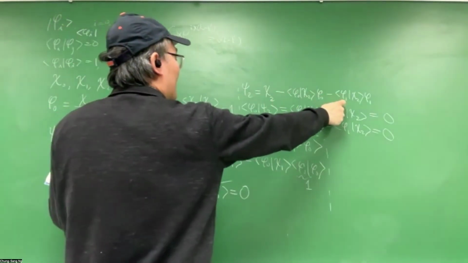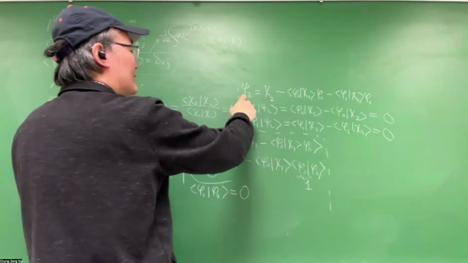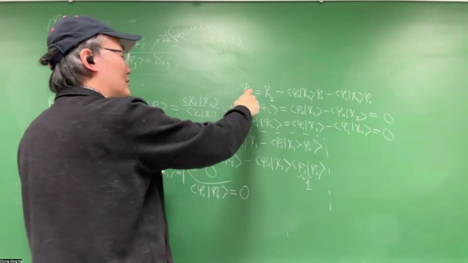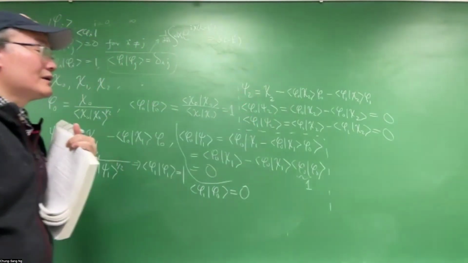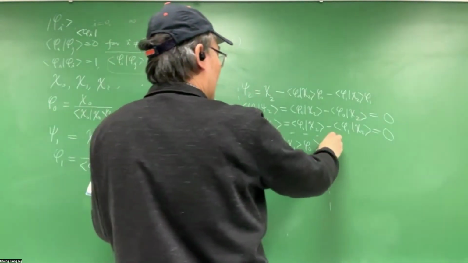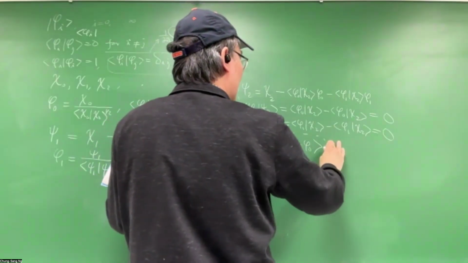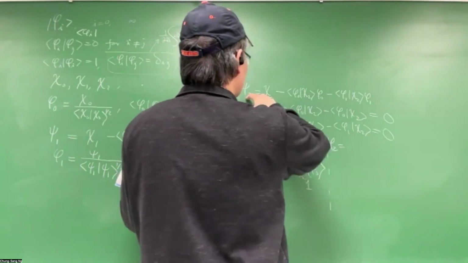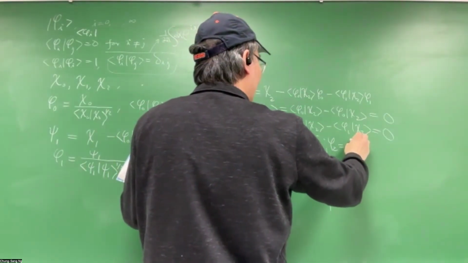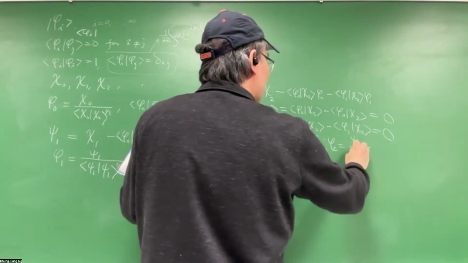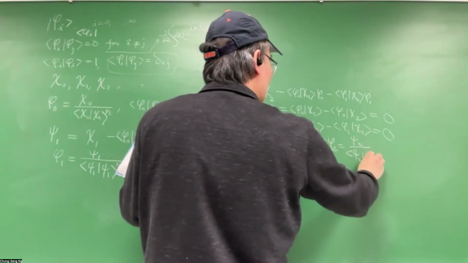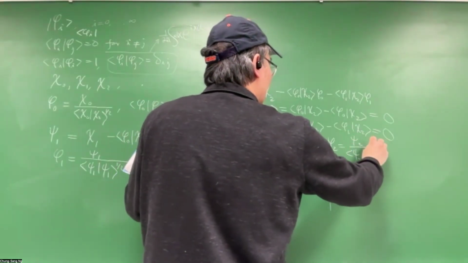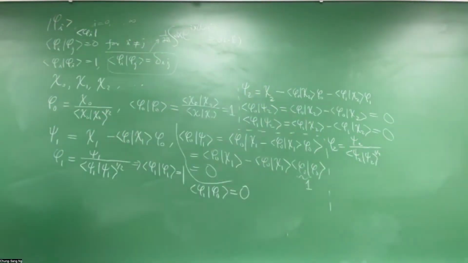So after you subtract all the projections from chi 2, this psi 2 is orthogonal to both phi 0 and phi 1. And so then you just define the next basis phi 2 by normalizing psi 2, right? Okay, and now you get the process, right?